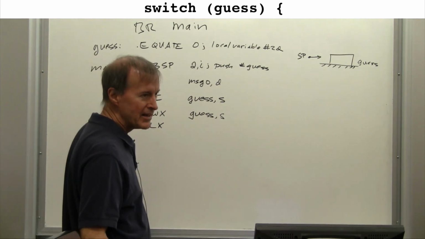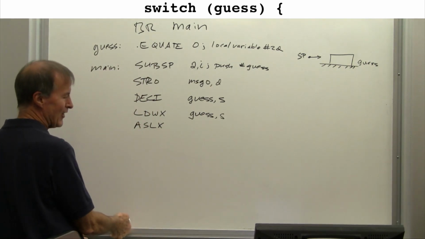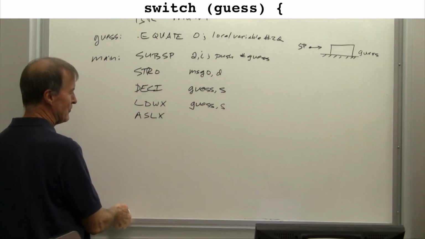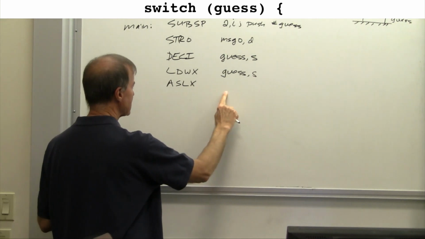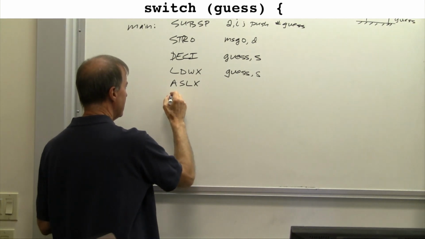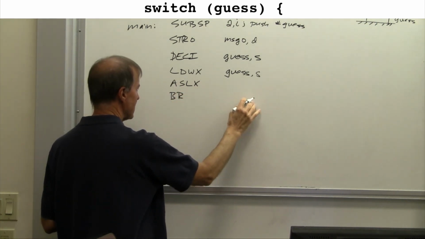And now how do we get to the case? This is kind of hard to do from scratch here. But let's postpone this for a minute. This is going to be a branch to somewhere using indexed addressing.